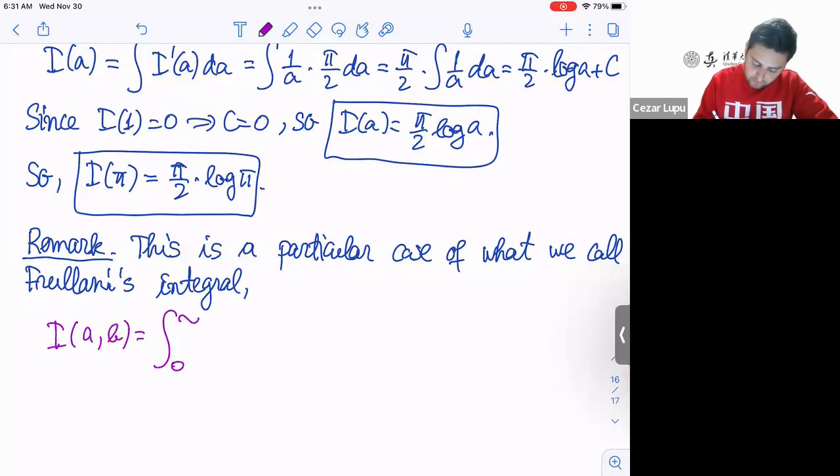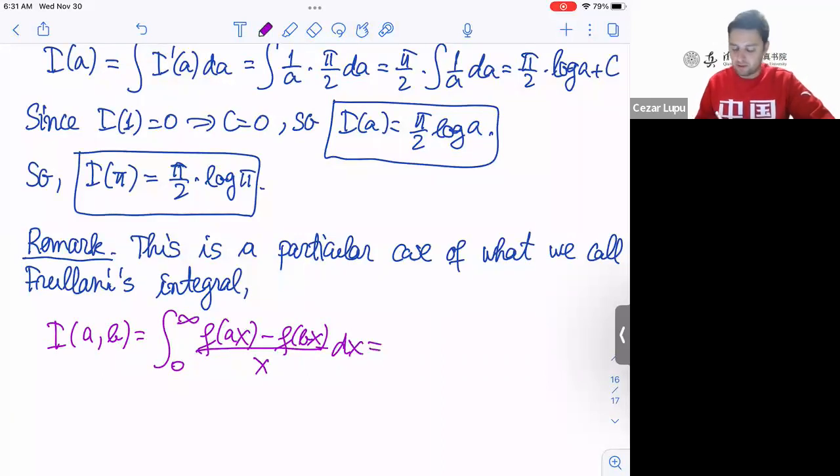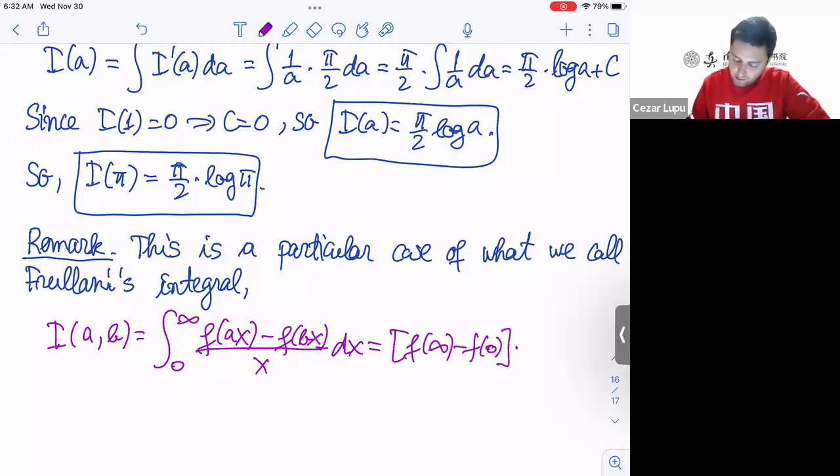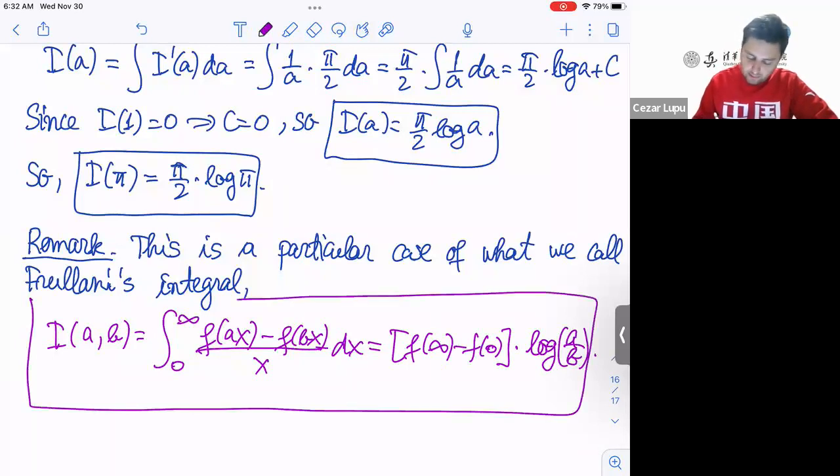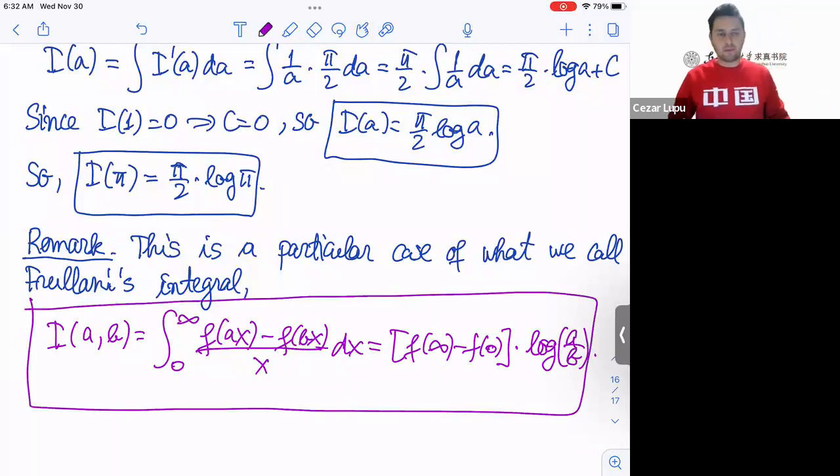So these are for a function which is nice enough so that we can compute this. So it's nice enough so that this integral will converge. So we will have this formula, times the natural log of A over B. All right, so this is Frullani's integral.